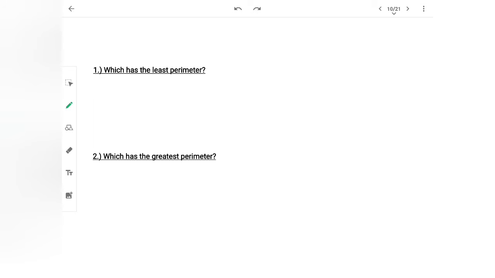We already know the answer to both of these questions just from going over our perimeters and our figures that we drew and determined. This first question is basically saying which figure has the least perimeter, and the second question is which has the greatest perimeter.